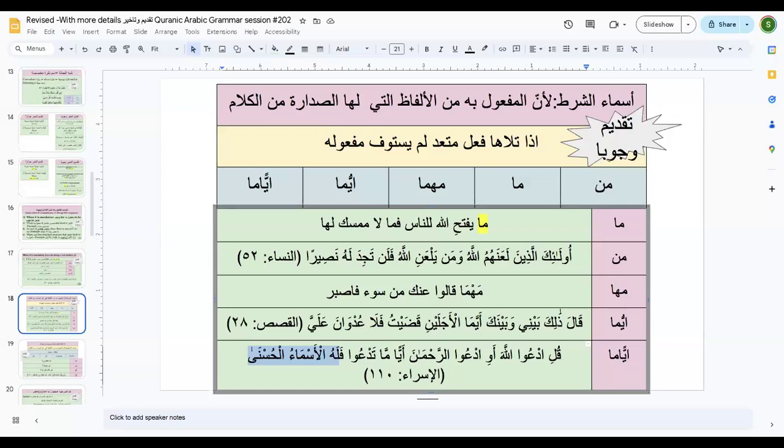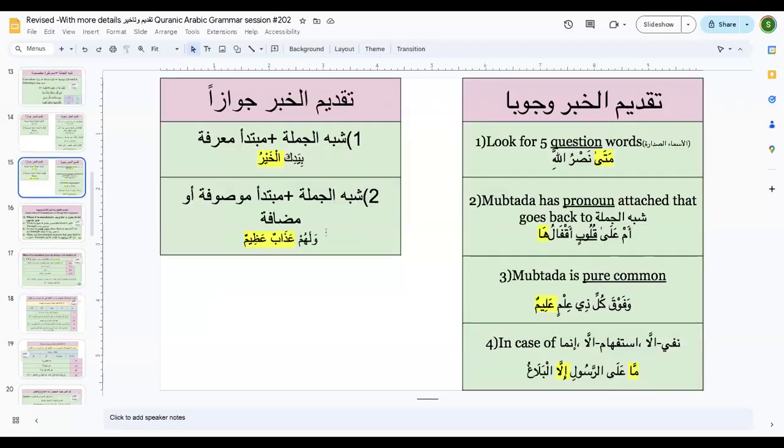Very well done, Hiba. Very well done. It is ja'iz. This is a case where you see there is a permissibility. Taqdeemul khabar jawazan, when your mubtada is ma'rifa. Biyadikal khair. So biyadikal khair, the mubtada is ma'rifa, and your shibhu jumla has been brought forward.